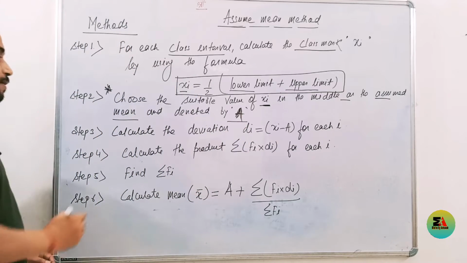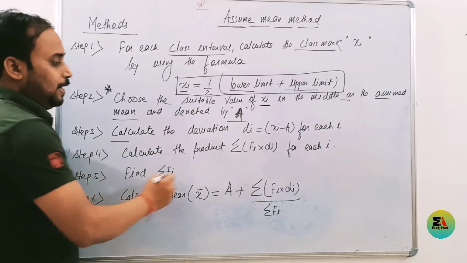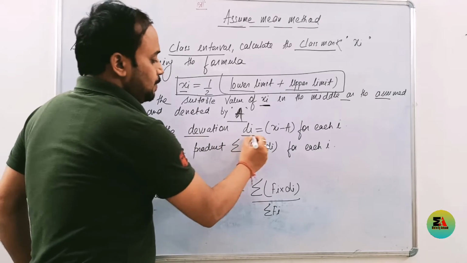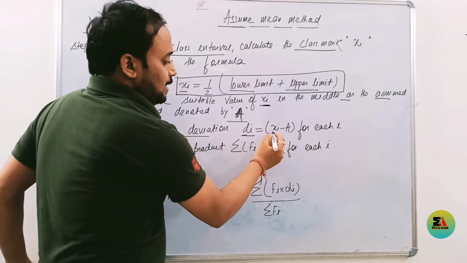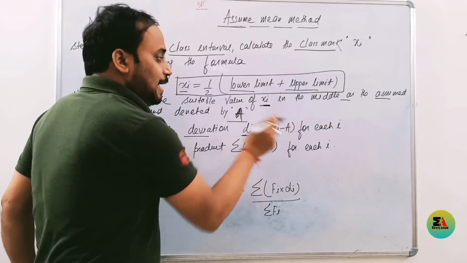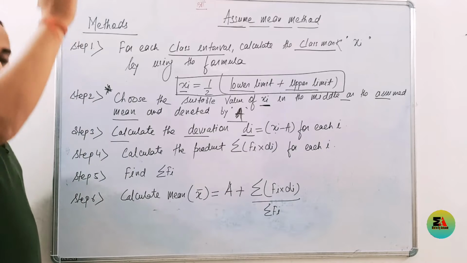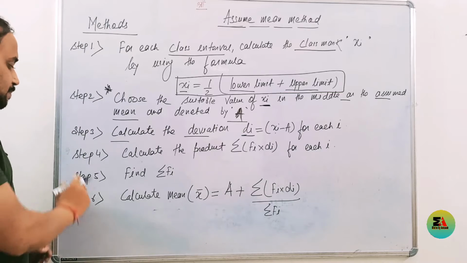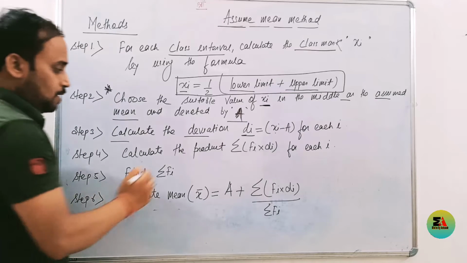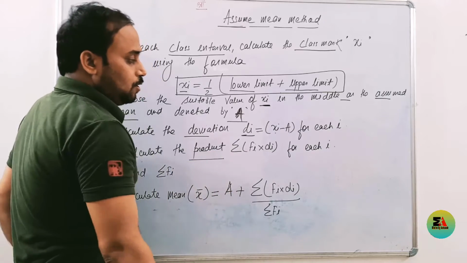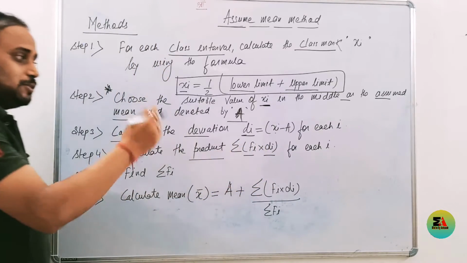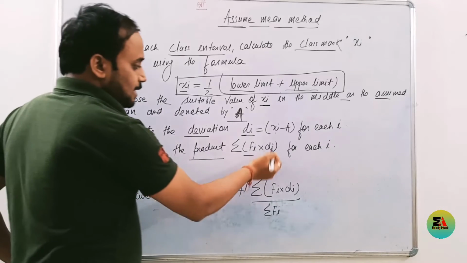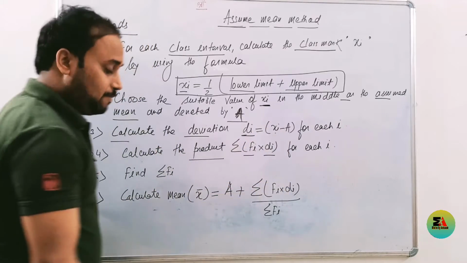Now the next step is to calculate the deviation. Here deviation is represented by di. di is equal to xi minus A, where xi is a class mark and A is the assumed value. Now in step 4, calculate the product of fi and di. fi is the frequency of the respective class and di is the deviation of the respective class.